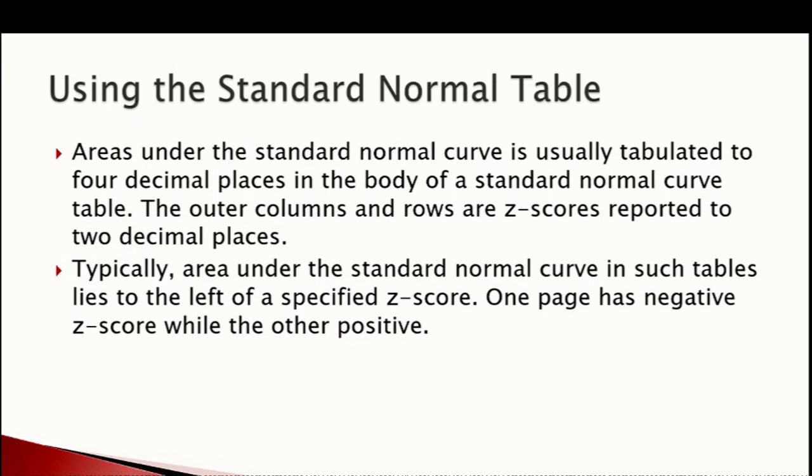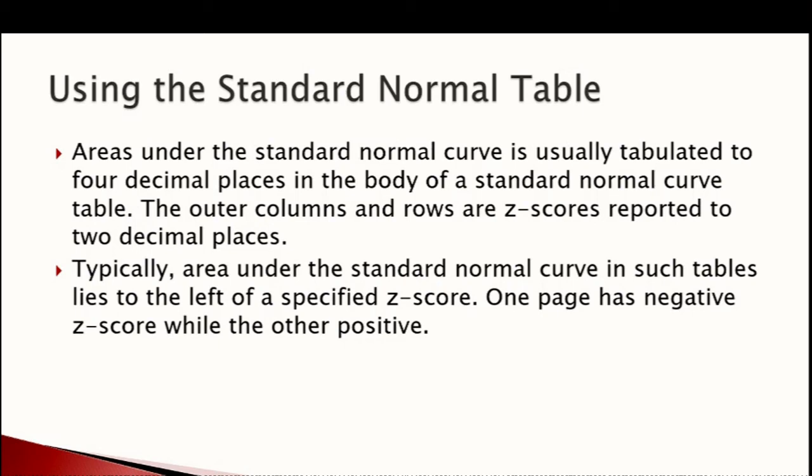Typically, area under the standard normal curve in such tables lies to the left of any specified z-score. I will show you how to look into a table in a little bit. Usually, it's tabulated on 2 separate pages. The first page has negative z-scores. The second page has positive z-scores.